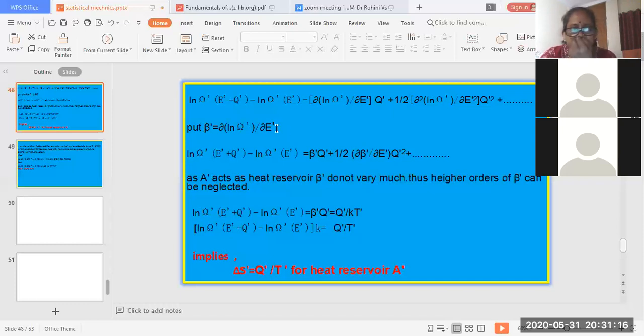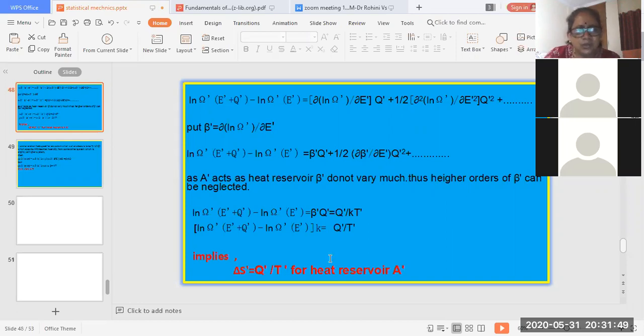If you put that definition here, this whole quotient simplifies to beta dash, and Q dash comes as it is, plus half of this whole factor. One differential I have put as beta dash, and one more differential I am keeping as it is, so this comes as dou by dou E dash of beta dash into Q dash square, and so on it continues.